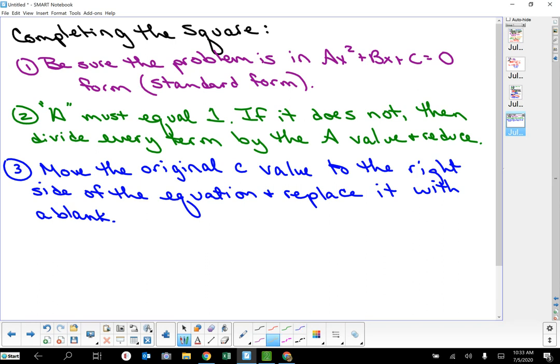So we also need to add a blank on the right-hand side so that we keep this equation balanced.